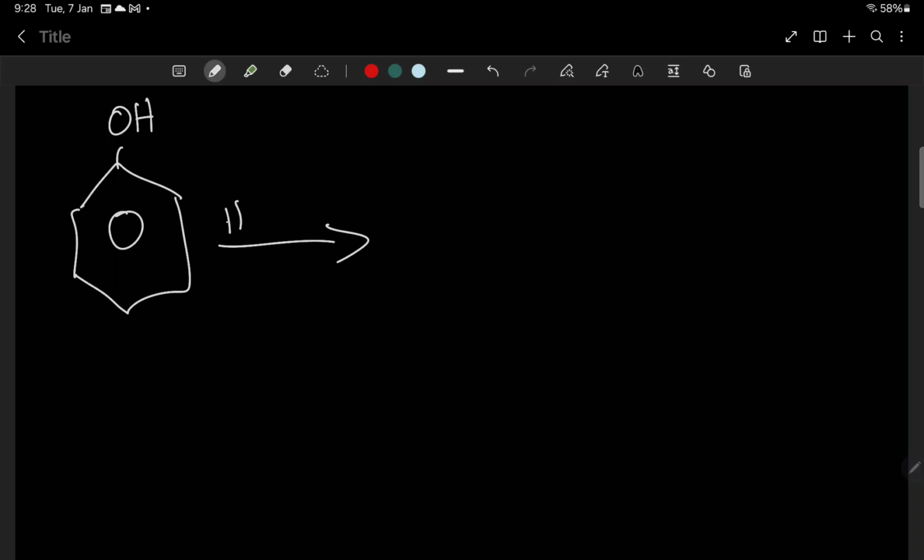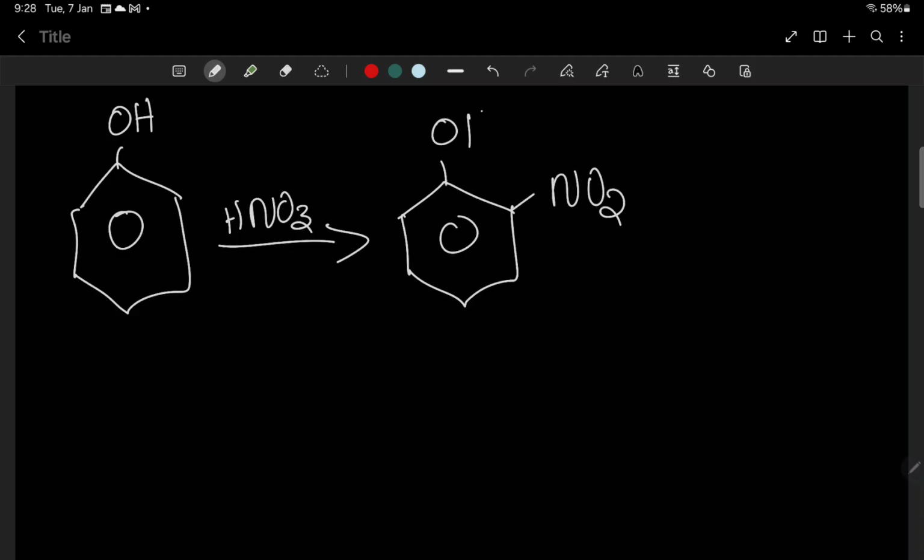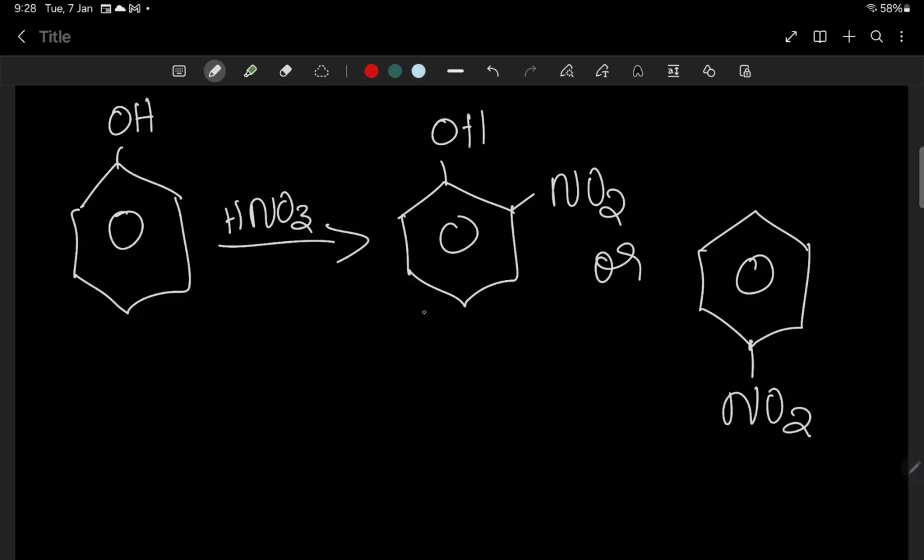So into phenol, if I am adding dilute HNO3, what will I get? I will get para nitrophenol or ortho nitrophenol. This is para nitrophenol, the other is ortho nitrophenol. Here ortho nitrophenol and para nitrophenol have some speciality.